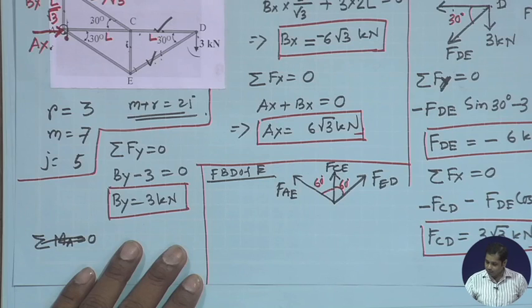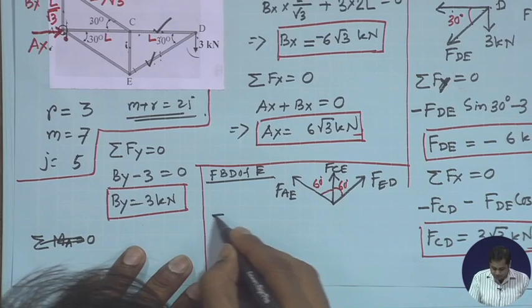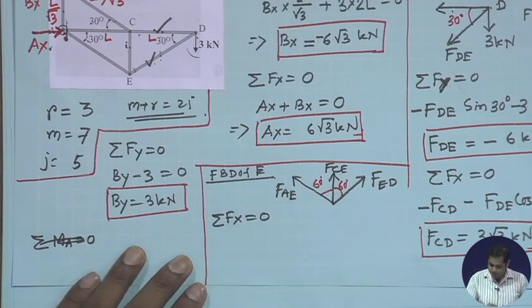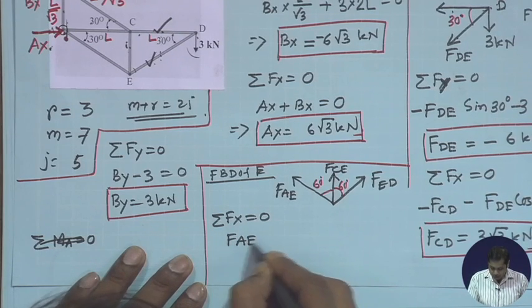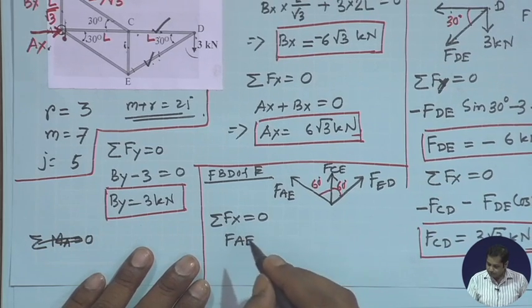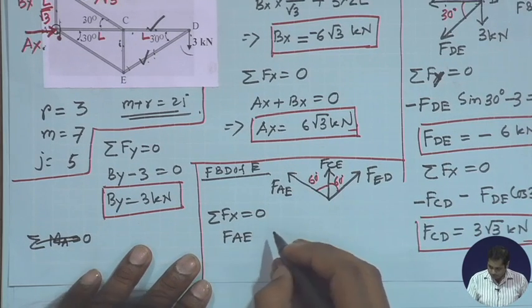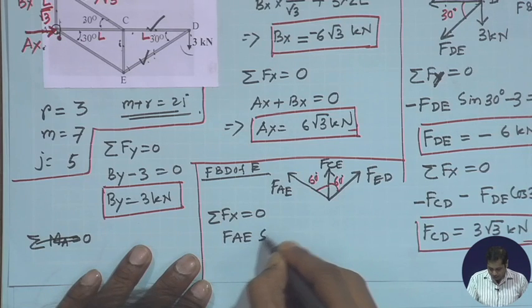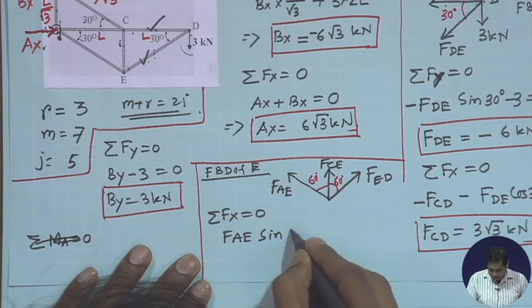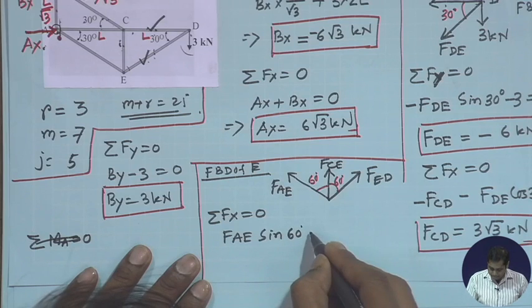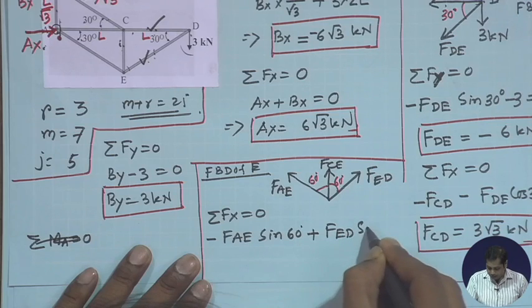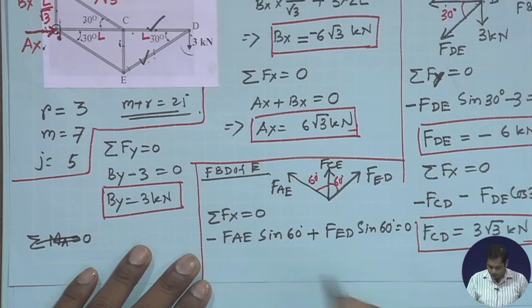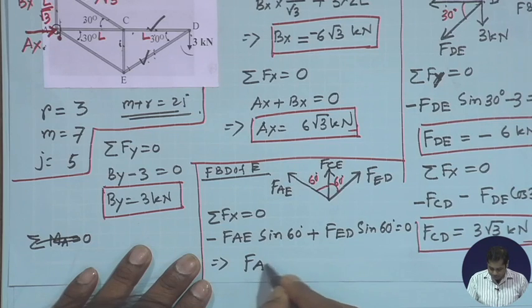Now if we take summation of Fx is equal to 0, it gives us FAE sine 60 minus, this is plus FED sine 60 is equal to 0, and this gives me FAE is equal to FED.